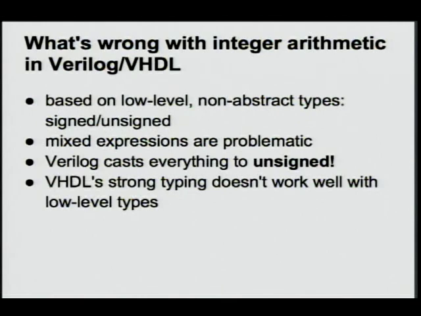They come from C or so originally, I guess. Non-abstract types, signed and unsigned, which are very close to the representation. And in both cases, mixed expressions are problematic. Verilog, for example, casts everything to unsigned in a mixed expression. If you mix signed and unsigned, it casts everything to unsigned, which is the opposite of what you should do.